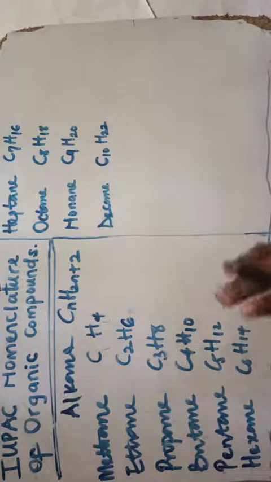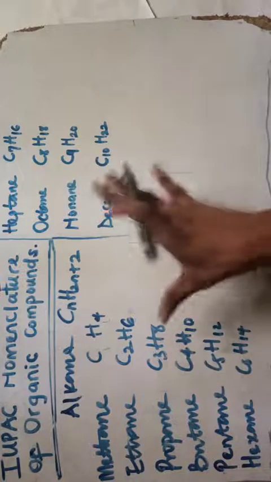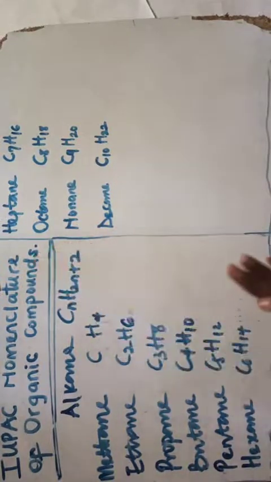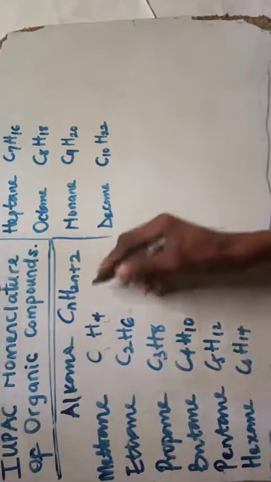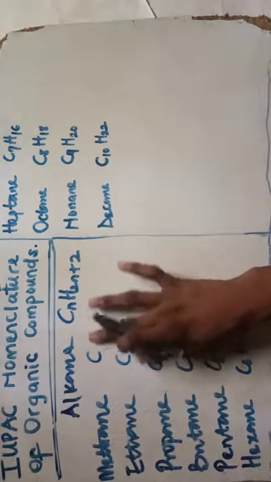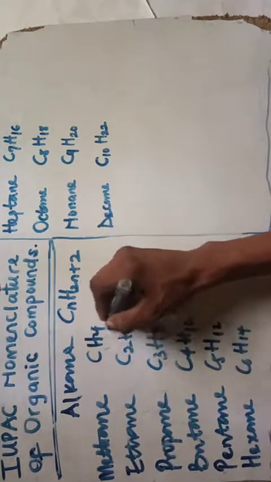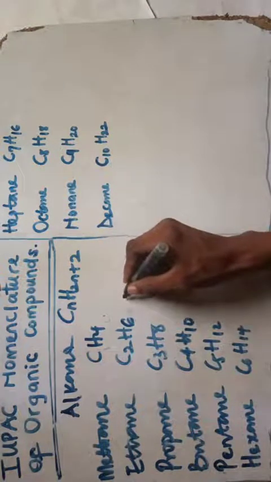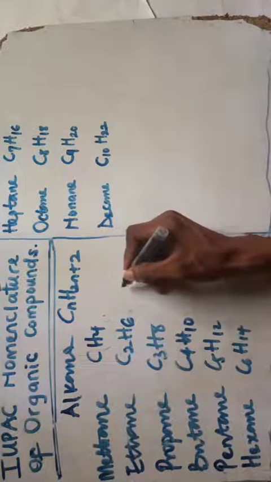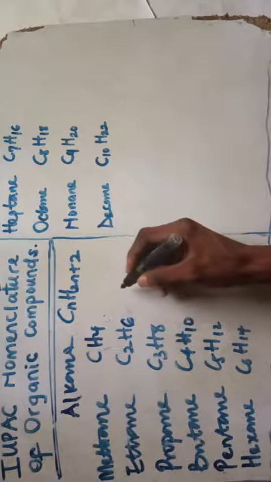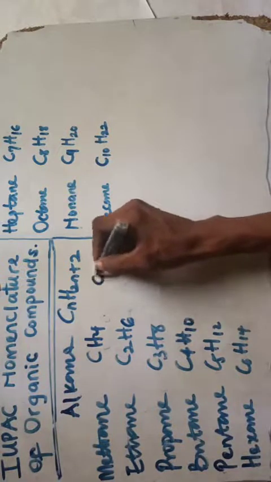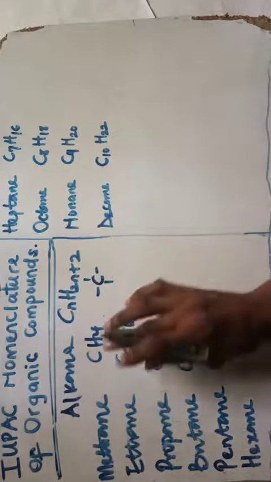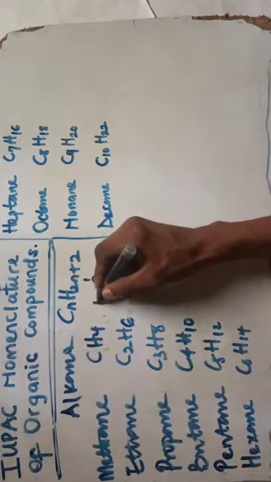Now the beauty of this series, this alkane family, you say alkane series. From this formula you have CH4, so you have your single C and H4. It is surrounded by 4 hydrogens.